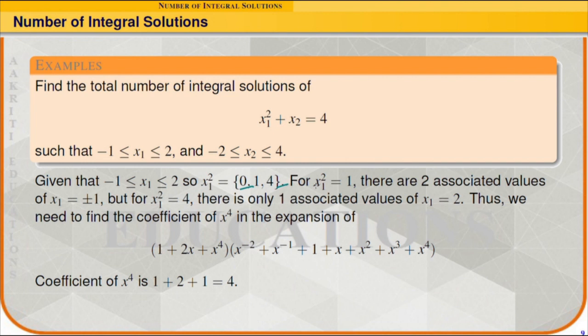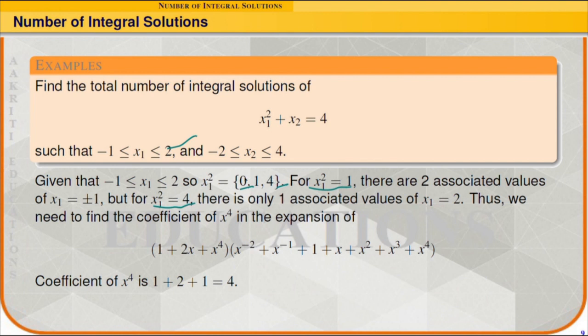If you observe, for x1 square equal to 1 there are two associated values: x1 can take either minus 1 or plus 1. But for x1 square equal to 4, there is only one associated value obeying the given constraint, as x1 is equal to 2.